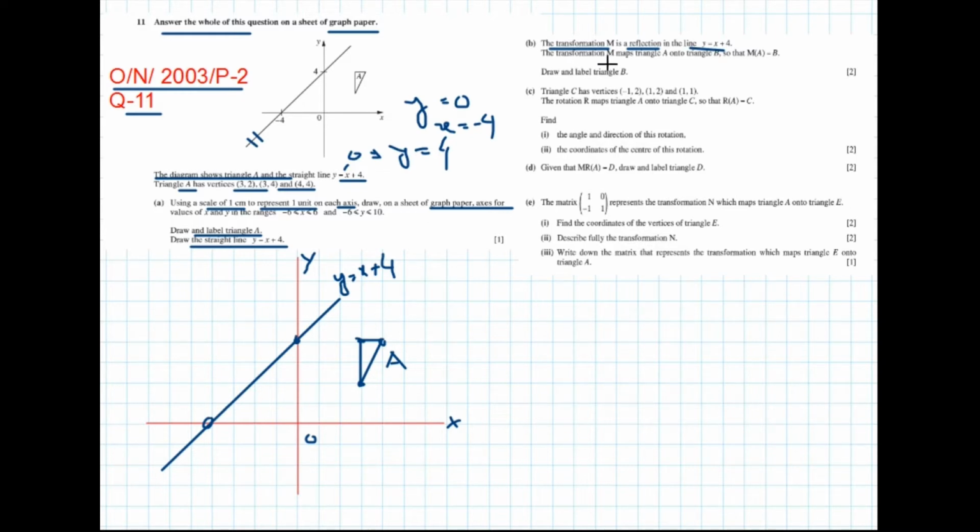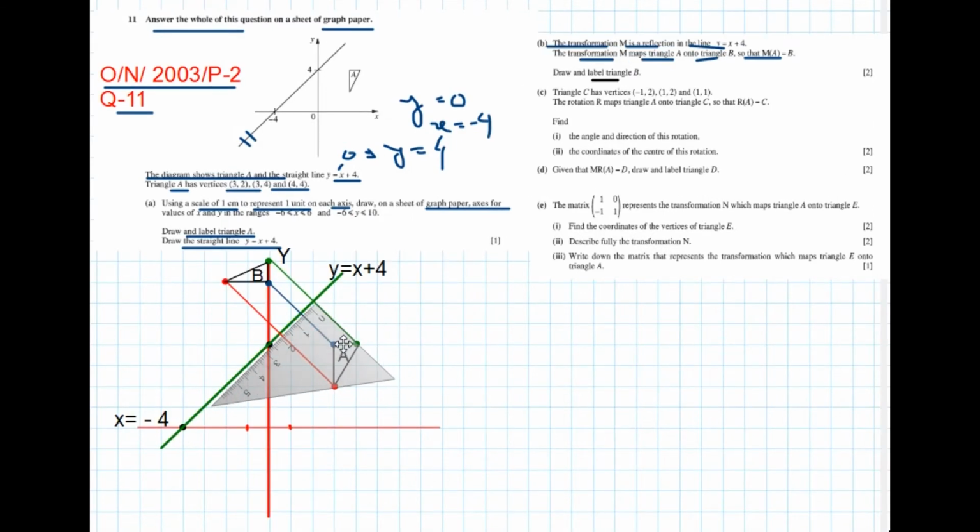The transformation M maps triangle A onto triangle B so that M(A) equals B. It means that reflection is performed on A to get triangle B. Drawing perpendicular lines from each vertex of triangle A to the line y equals x plus 4, extend the same lengths on the other side of the line as shown. Joining the vertices, we get triangle B after reflection.